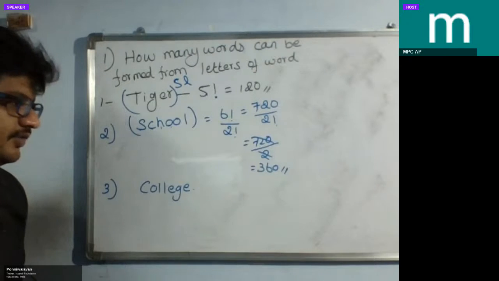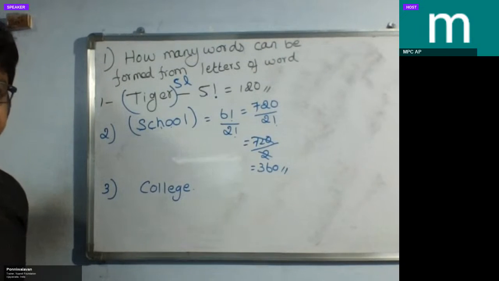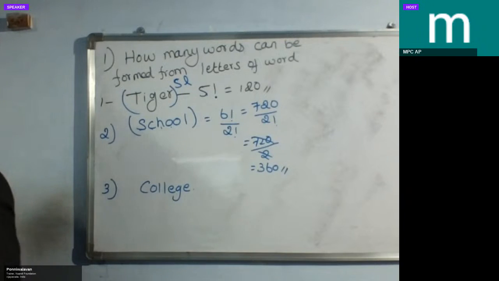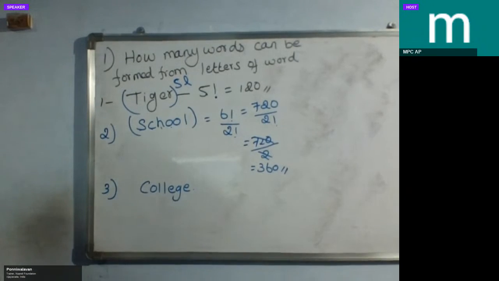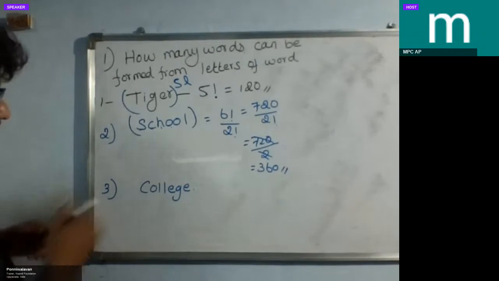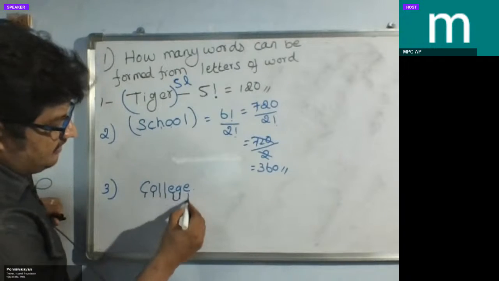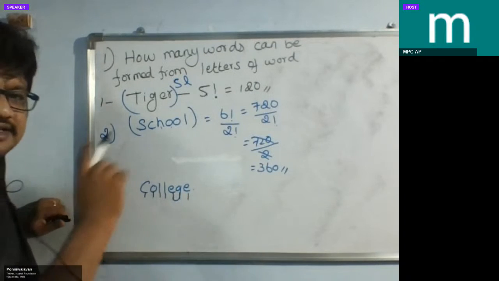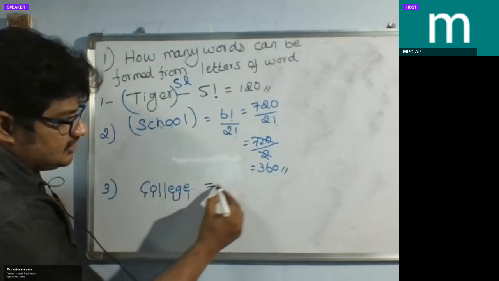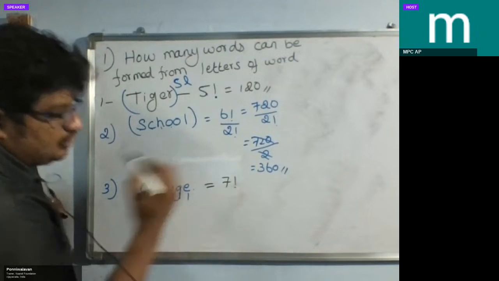Okay, listen. College, 1, 2, 3, 4, 5, 6, 7. How many letters? 7 letters. So it is 7 factorial.